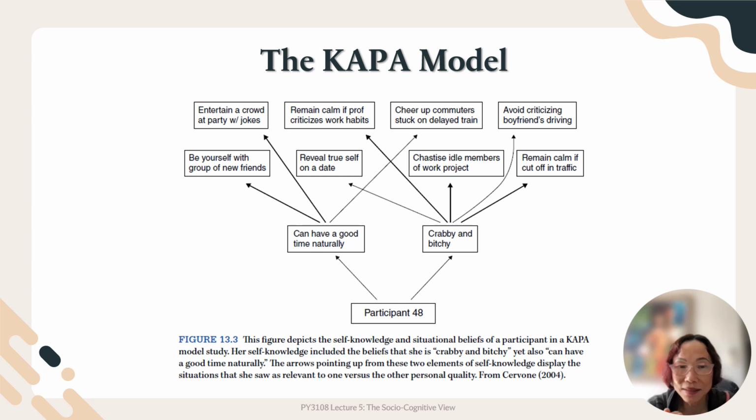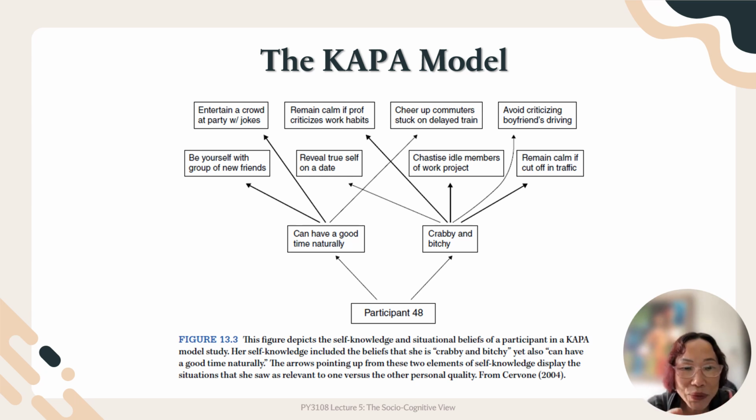One is she can have a good time naturally. Another is she can be crabby and bitchy. And these two schemas are quite different, aren't they? And then she identified different situations.